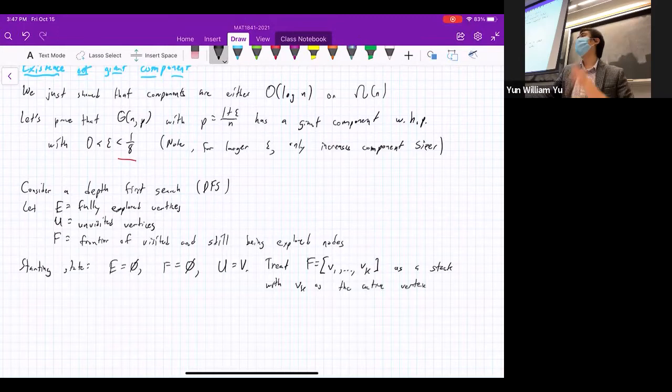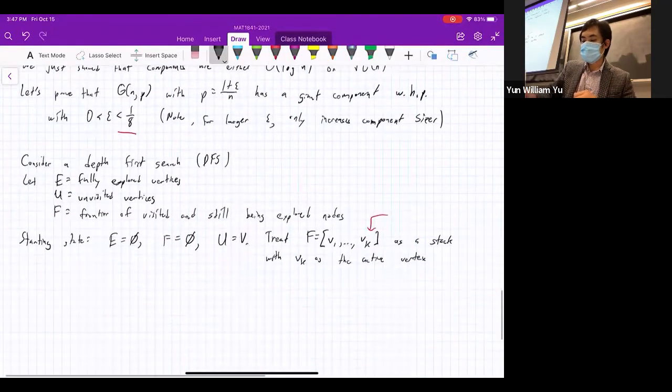For those of you who haven't had that much computer science, basically what we mean is that we're always going to look at this v_k, the last thing we've added. So that's what I was describing: you're always going to fully explore the downstream tree before you come back up to what you started with and finish exploring that. And then the process is going to be: repeat until U is equal to the empty set.